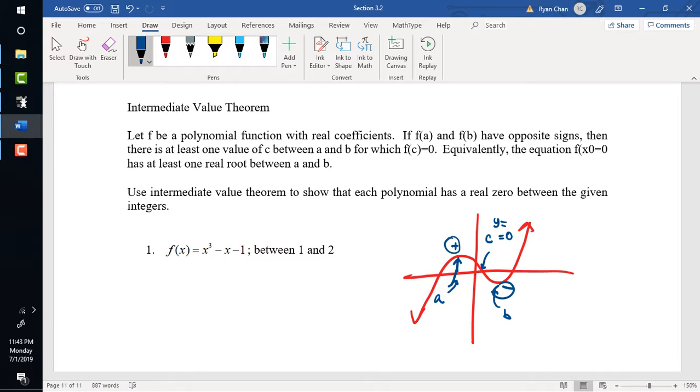Because if the y value for a is positive and the y value for b is negative, it has to decrease. And because it's a polynomial, it's continuous. There are no jumps or skips.